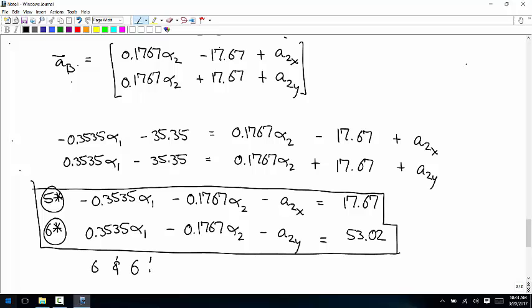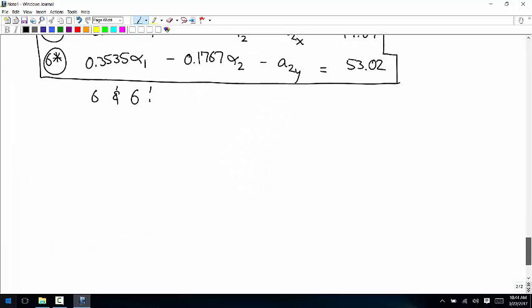Okay, 6 and 6. So now we have to solve this because I changed that. Maybe I should have just left it in retrospect, but what are we going to do now?